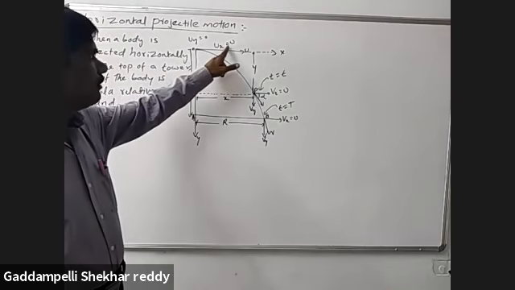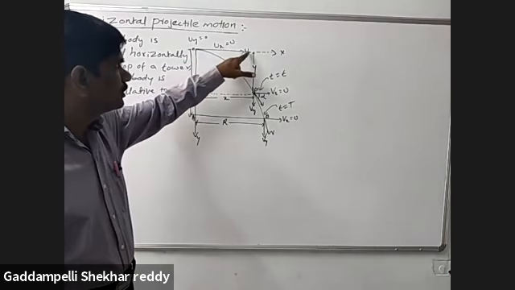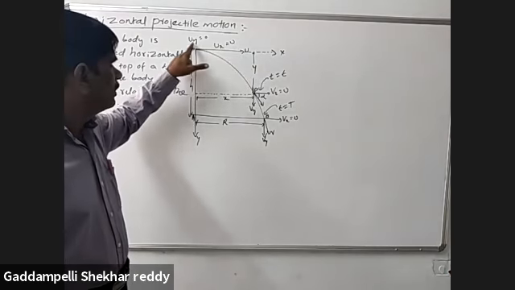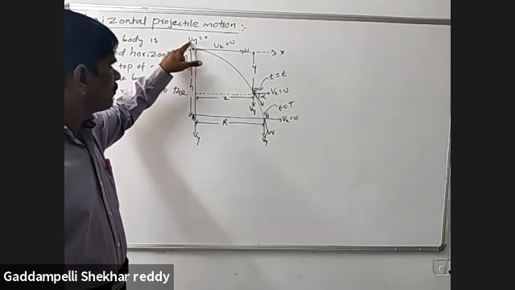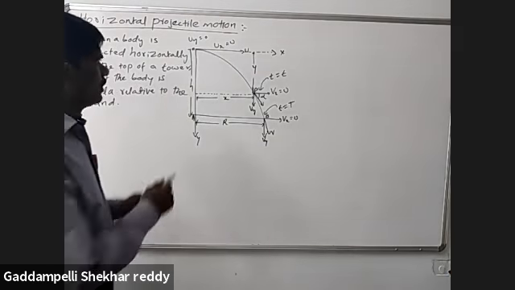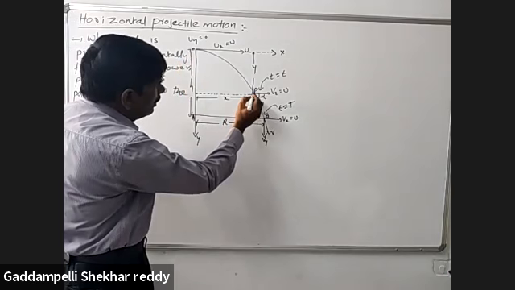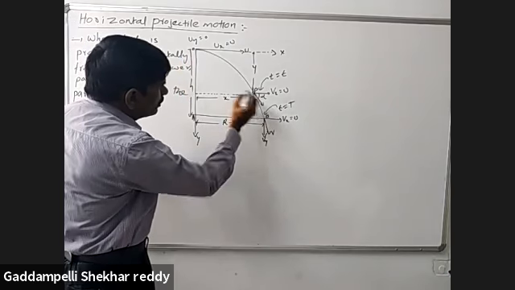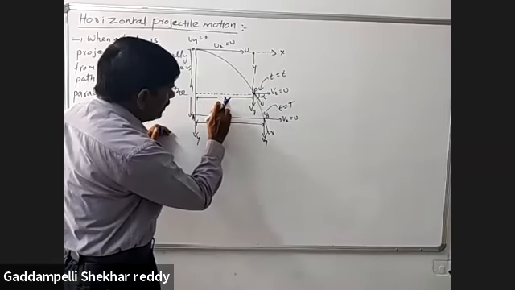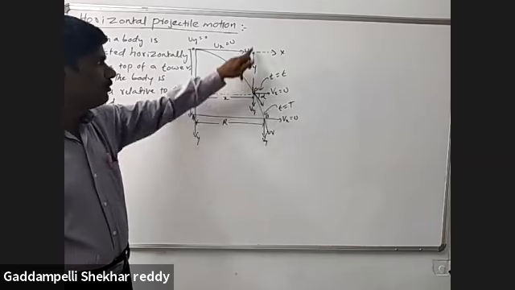Here the horizontal velocity is ux. Starting horizontally with a certain velocity u, the horizontal velocity ux is equal to u. At the same time, the initial vertical velocity is 0. The body travels along this path, and at a particular time reaches the point P, traveling a horizontal distance x and a vertical distance y.